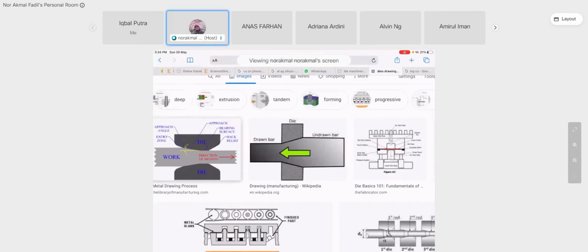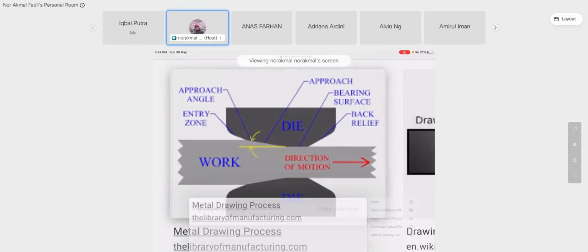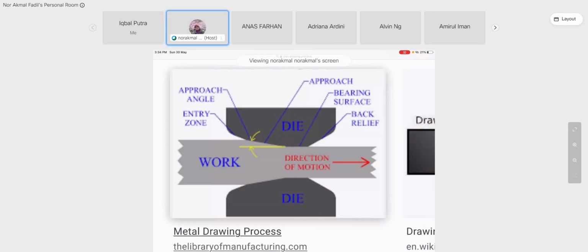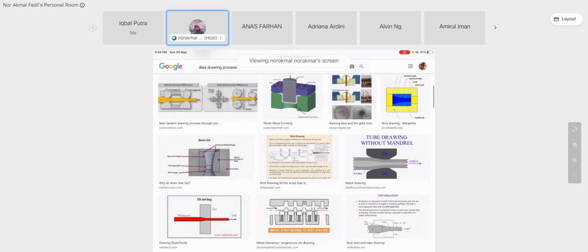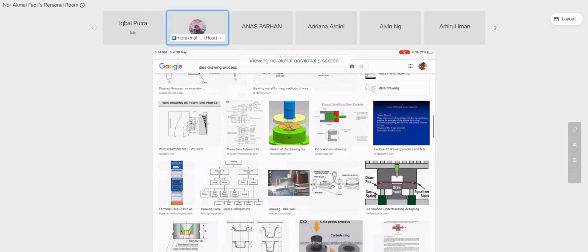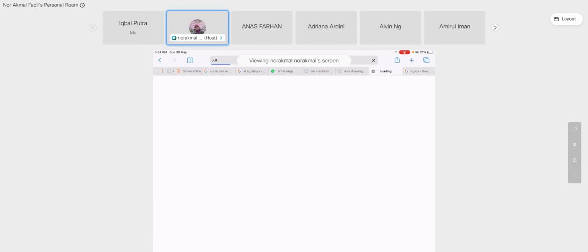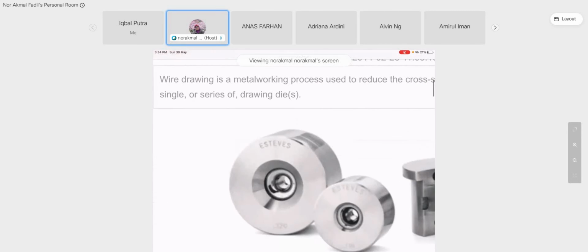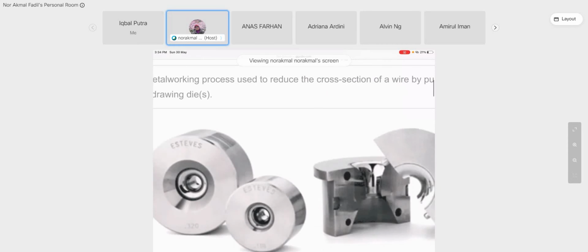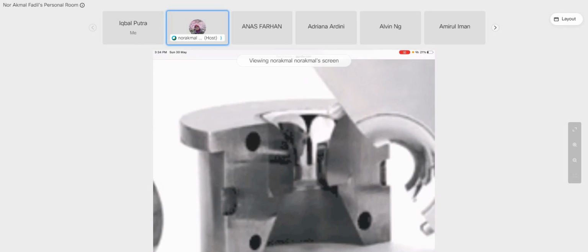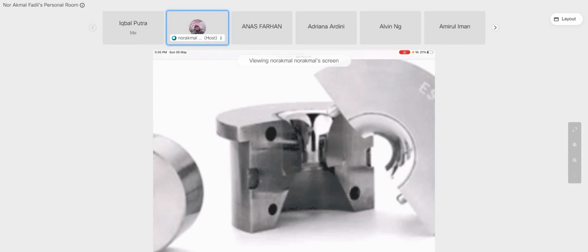This is the drawing process where you have the initial large diameter wire, and after being drawn, it will become a small wire size after passing through the dies. The dies is a structure that will shape your product. This is the dies, for example, the drawing for the wire. So these are the dies. For the material of these dies, you need to use tool steel. So there are different sizes of the initial diameter and the final diameter.